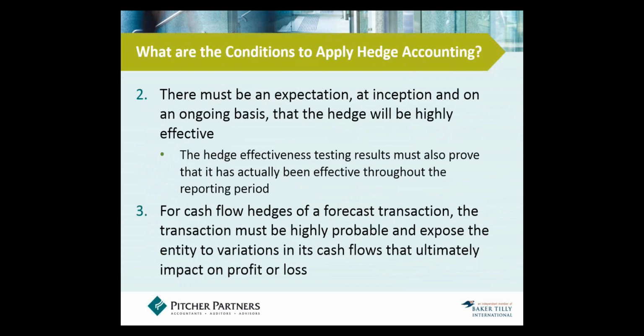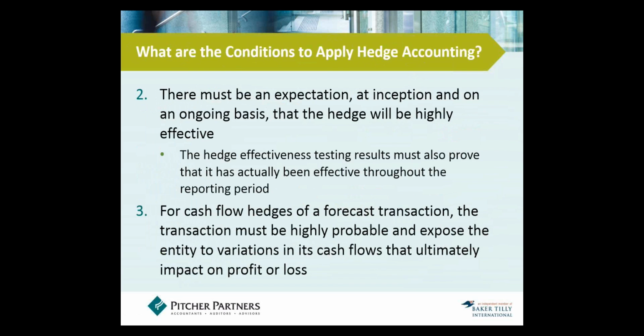And then the next one is there must be an expectation at inception and on an ongoing basis that the hedge will be highly effective. So the hedge effectiveness testing results must also prove that this hedge has actually been effective throughout the reporting period.